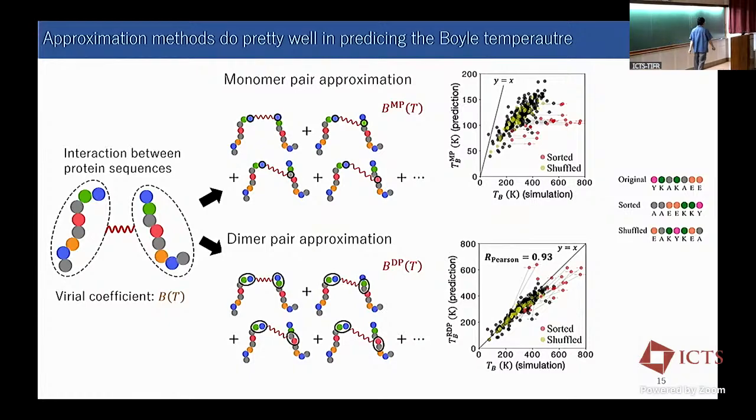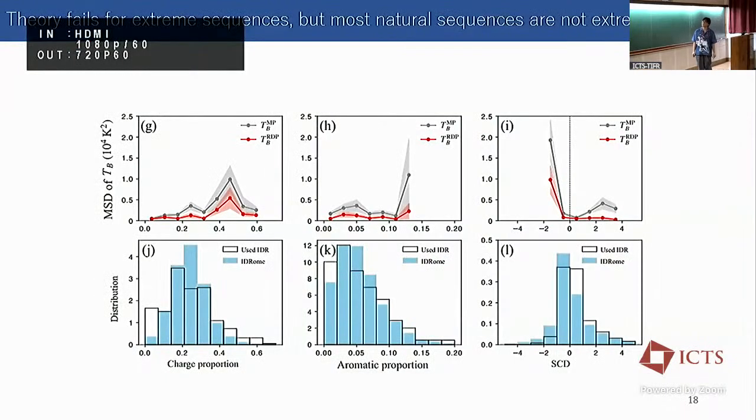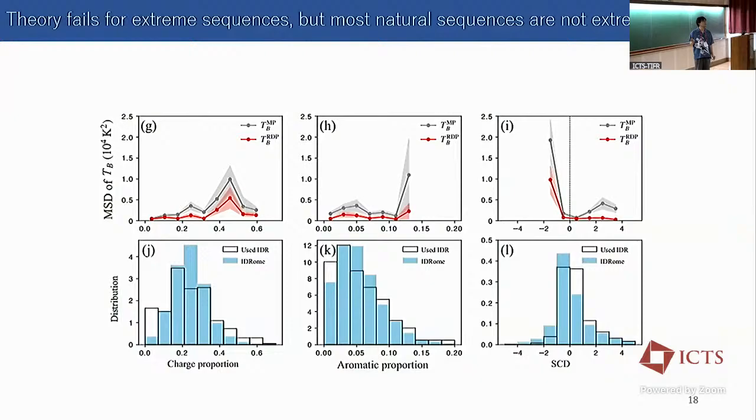Okay, then maybe I can talk a little bit about why I have this hidden slide. Sorry, it doesn't really have much explanation, but these x-axes are the things that we know would screw up the predictions.